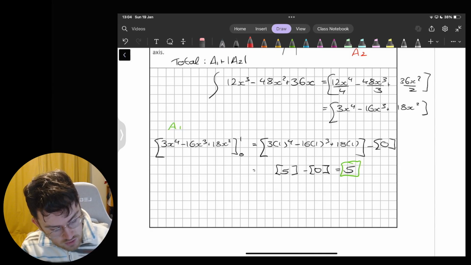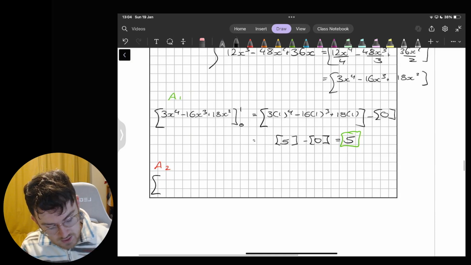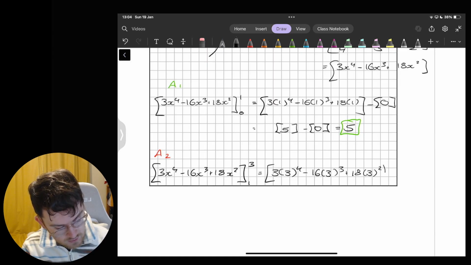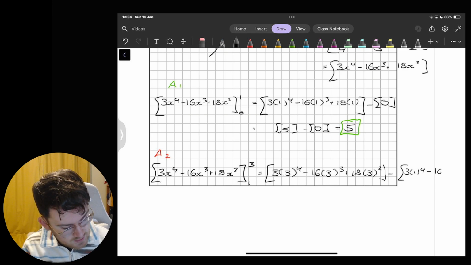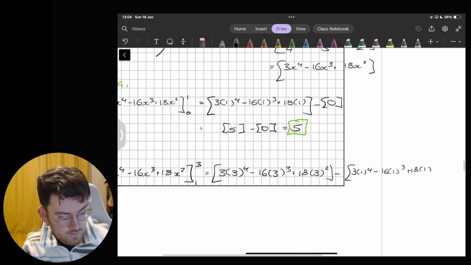Okay, for area 2, and again we're expecting this to be a negative answer, we are evaluating the same function from 1 to 3. So 3 times 3 to the power of 4 minus 16 times 3 to the power of 3 plus 18 times 3 squared, minus 3 times 1 minus 16 times 1 plus 18 times 1.